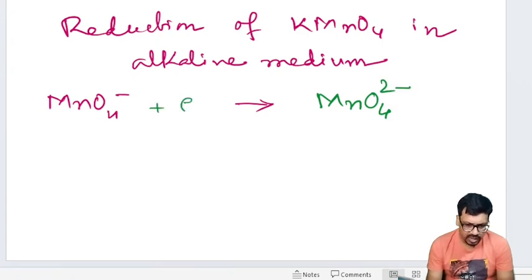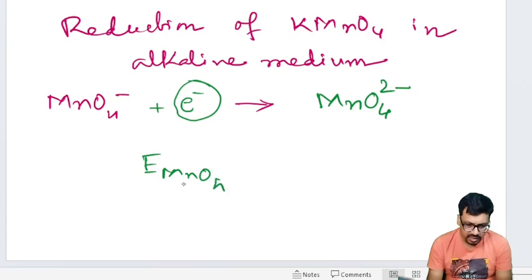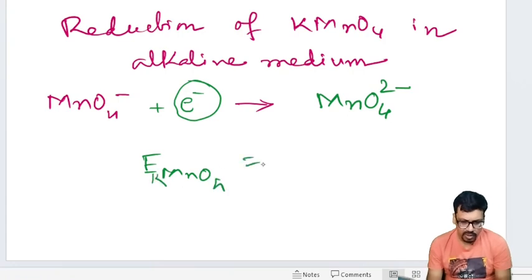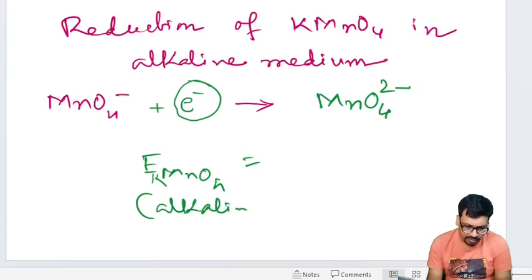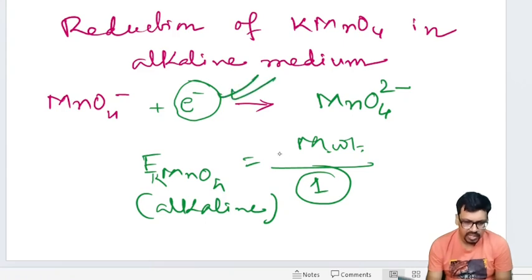So here 1 electron is required for the reduction. So the equivalent weight of KMnO4 in the basic, alkaline medium is the molecular weight divided by 1, because here the number of electrons transferred is 1.